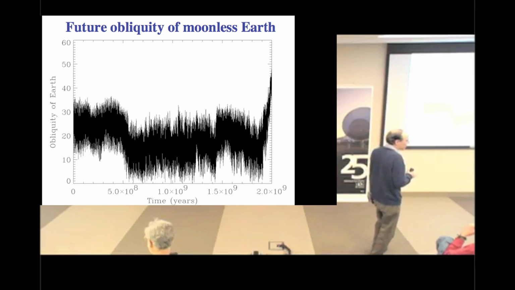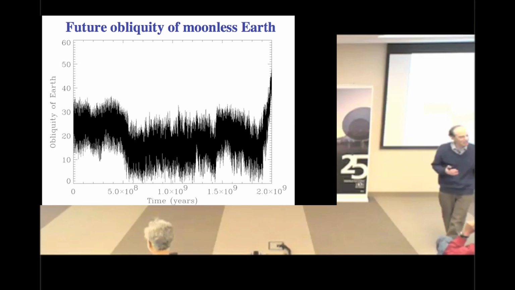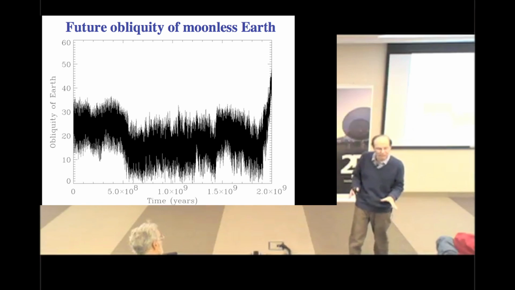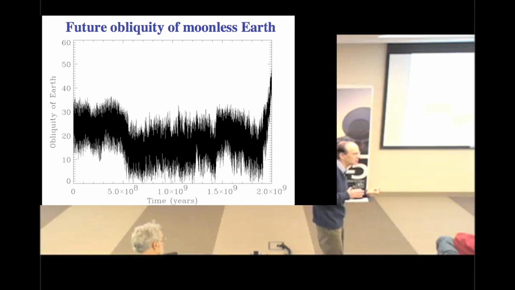For life to develop, at least on the timescale it took on Earth, life that's sensitive to these types of climatic variations, we're talking about timescales of hundreds of millions of years. So if things varied on million-year timescales, even tens of millions of years, at that level it could cause big problems for life. But if it varies on timescales of billions of years, we don't really have to worry too much about it.